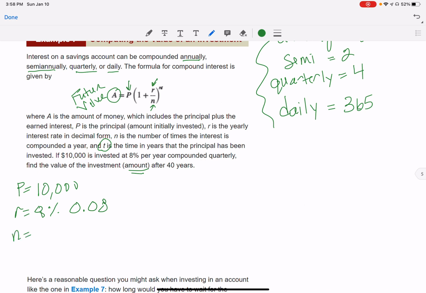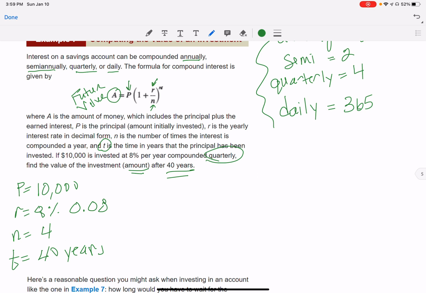N is the number of times it's compounded. It says quarterly, so our N is 4. And T is the time, how long, is 40 years. Once again, we have everything we need to solve this problem. Now it is a matter of plugging it in and punching it into our calculator properly.